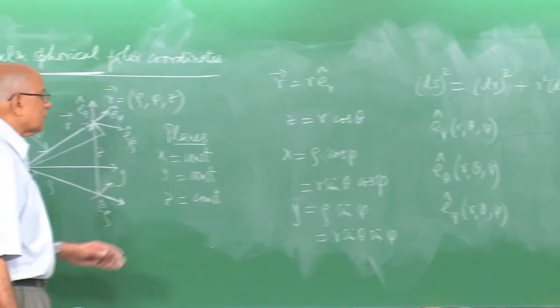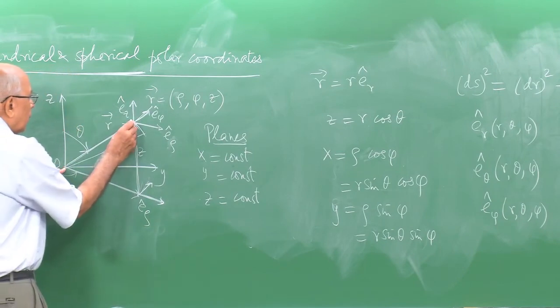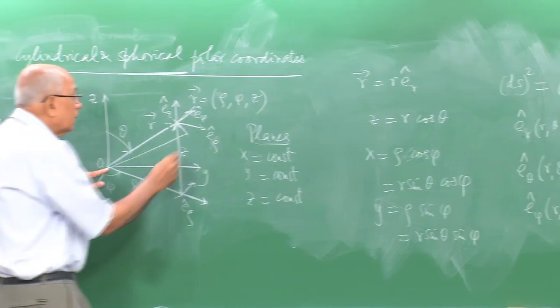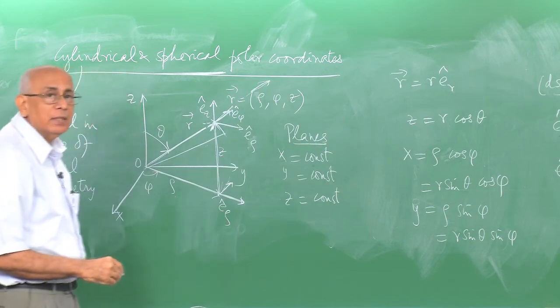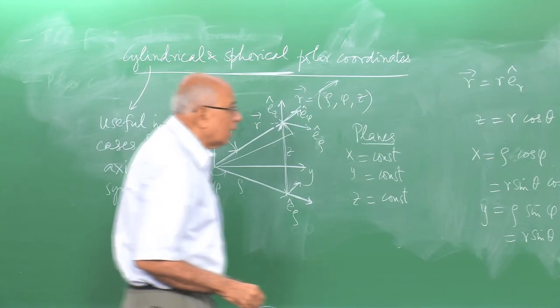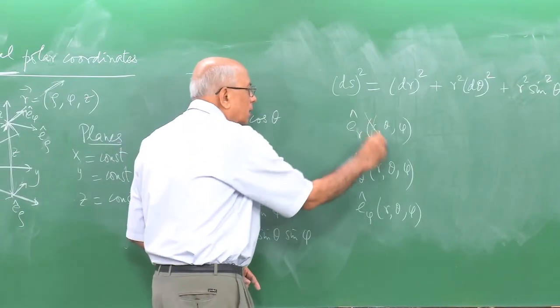Well, it's easy to guess some of these dependencies fairly straightforwardly. First of all, if you have a point here and I increase this, that's E sub r, and I go further down and increase it, it's still in the same direction. Nothing has changed. So there's really no r dependence at all in any of these quantities. So right away you see that E r cannot depend on r.